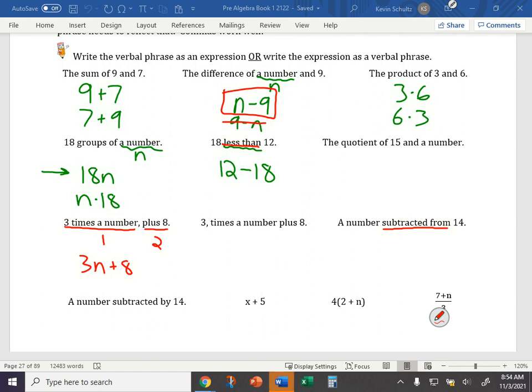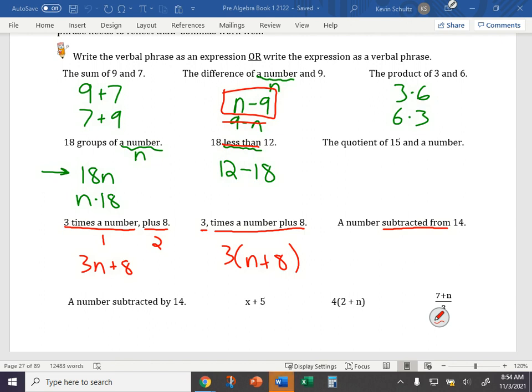In that second one, in this case, the 3 and the times a number plus 8 are separate. So what are you going to need in that second one that you didn't need in the first one? Because now this is saying that times a number plus 8, that number plus 8 is together. Good. Parentheses. We still have all the same pieces, but the difference is in that second one, the 3 is separate from the n plus 8.